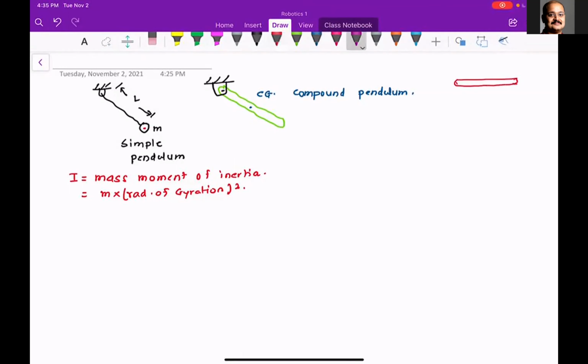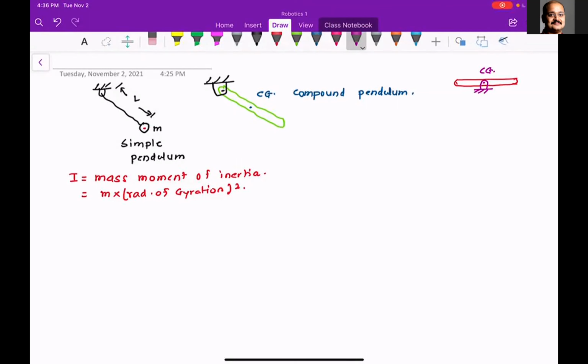Now it is hinged at the center, or it is hinged at the CG. So mass moment of inertia for the slender rod that is hinged at the center is different than the mass moment of inertia of the slender rod that is hinged at one end.